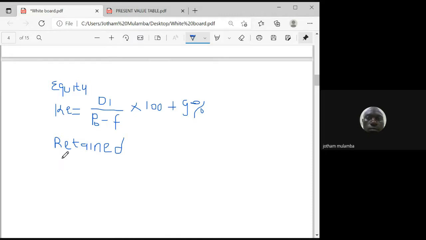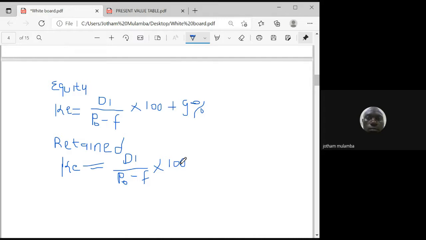So the formula for retained earnings: KE is equal to D1 divided by P naught minus F, times 100.